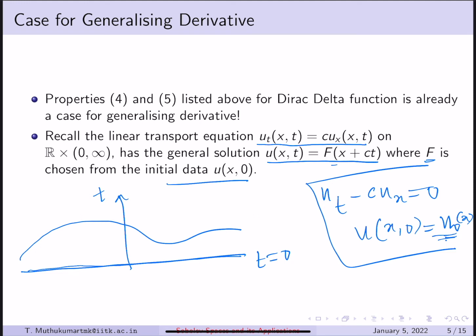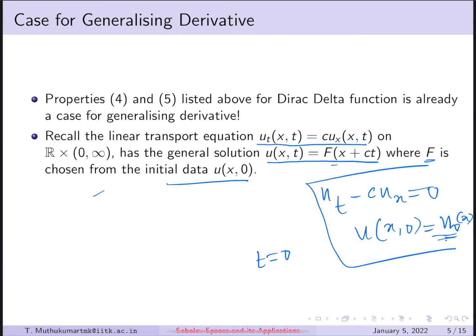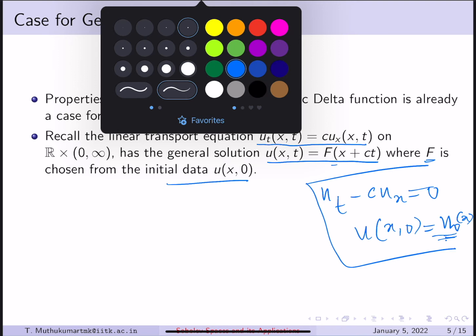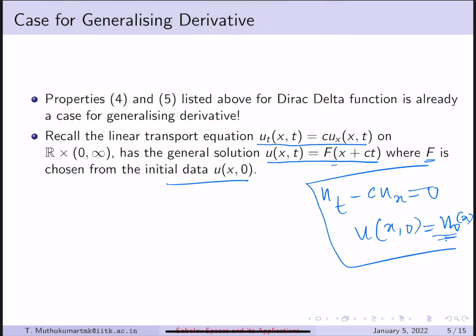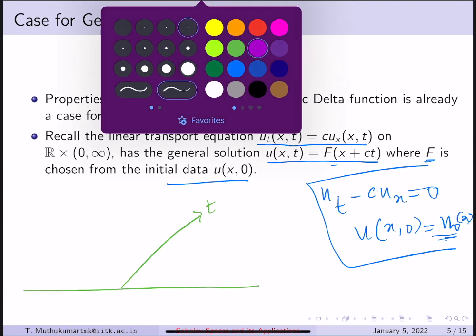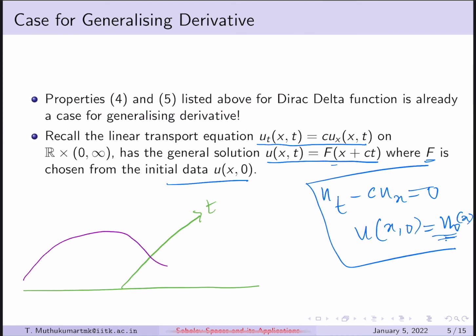Let me draw it in a possible 3D. So this is on the plane, and you have some function u naught lying at time t equal to 0.